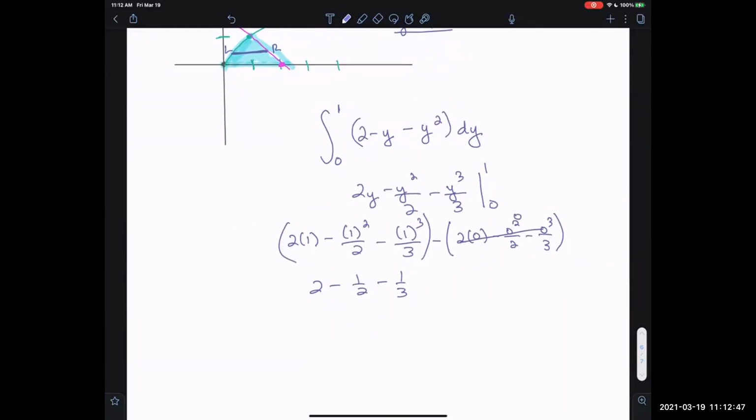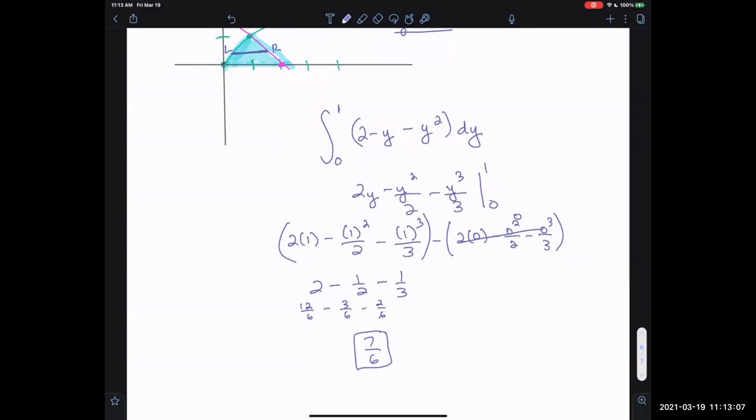So 2 minus a half, well, I'm going to just make everything 12 sixths minus 3/6 minus 2/6. That's the way my brain works. 12 minus 3 minus 2 is 7/6, which is my area.